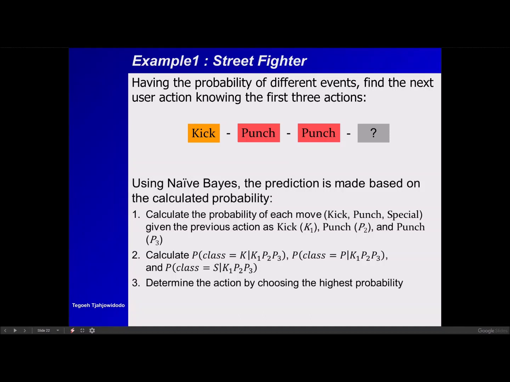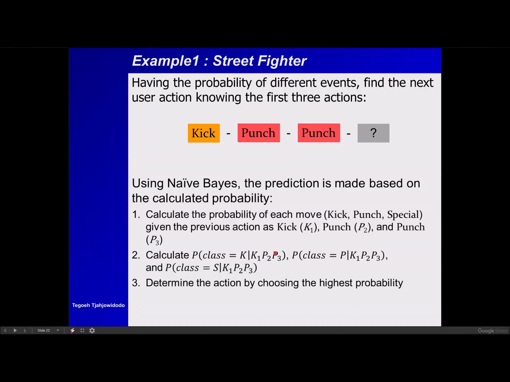So what we have to do, we calculate the probability of each movement, which we have done in the previous slide, and then we calculate the probability of having kick in the fourth action, given that the first action is kick, the second action is punch, the third action is punch.